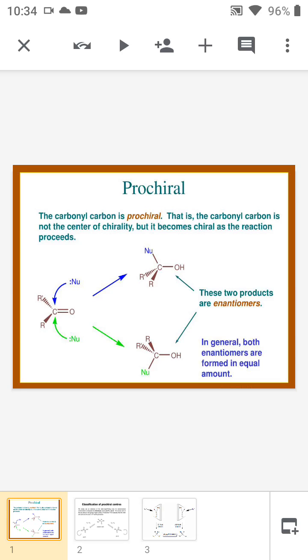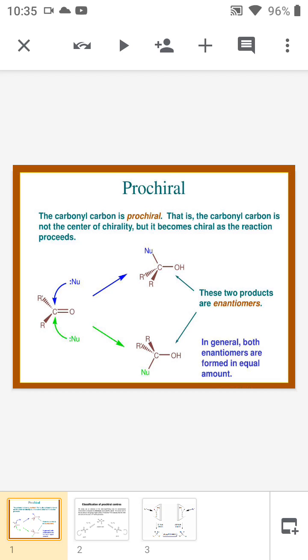That is shown at the top of the slide. And if the nucleophile, represented by the blue color, attacks the bottom face of the same carbonyl group, shown by the green color, we will get the next enantiomer of the same product.